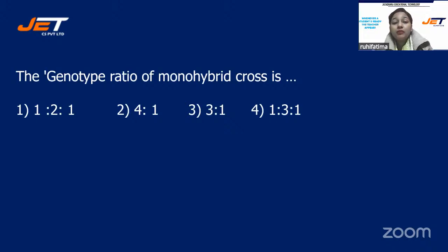The genotype ratio of monohybrid cross is, and your options are number 1, 1:2:1, option number 2, 4:1, option number 3, 3:1, or option number 4, 1:3:1? In the previous question, we asked for phenotypic ratio. Here we are asking for genotypic ratio.